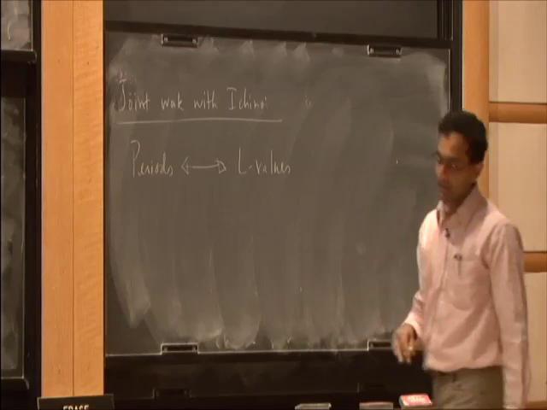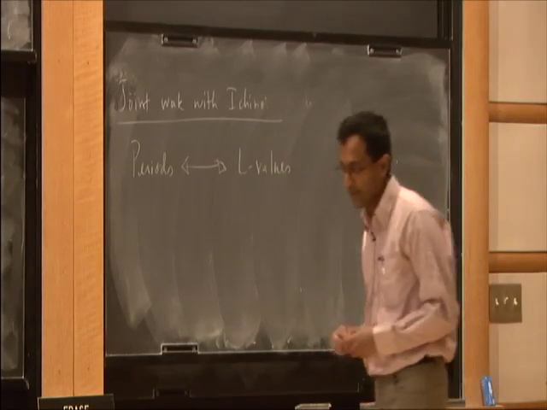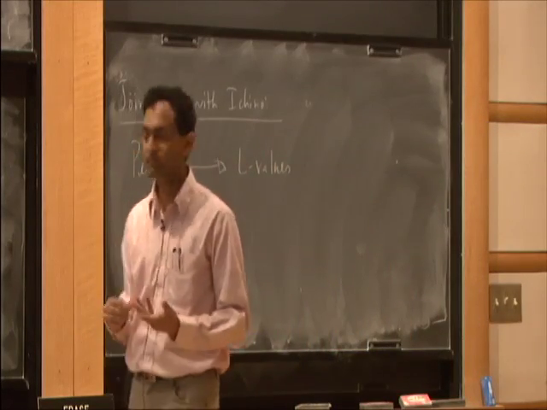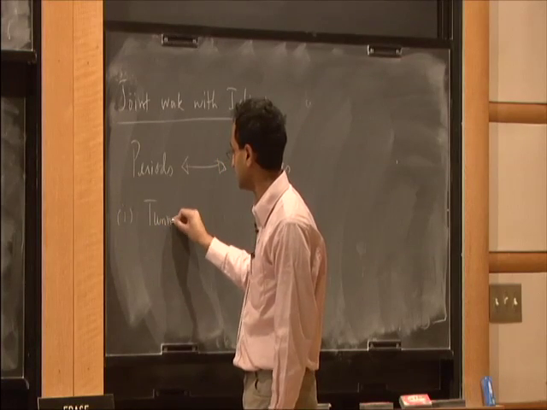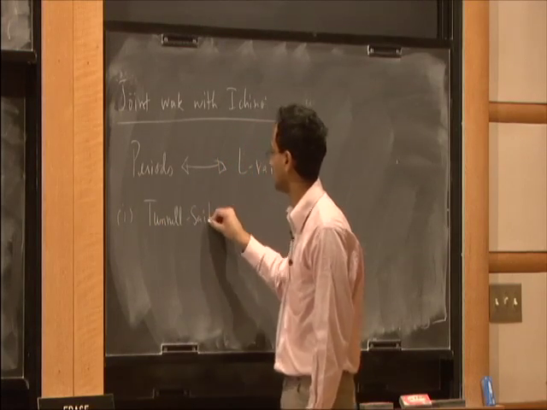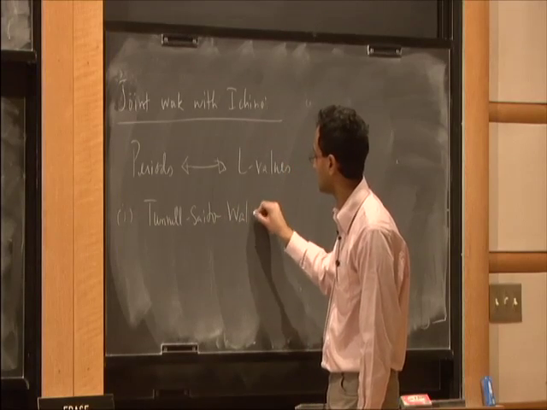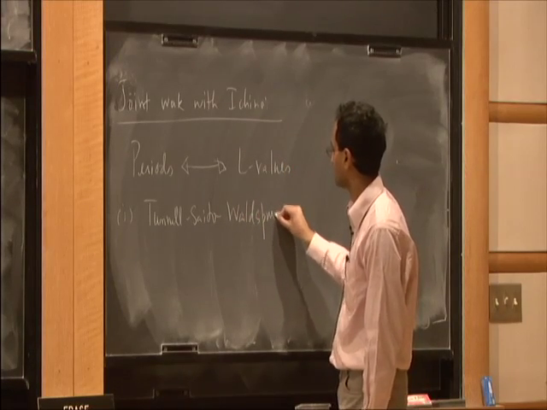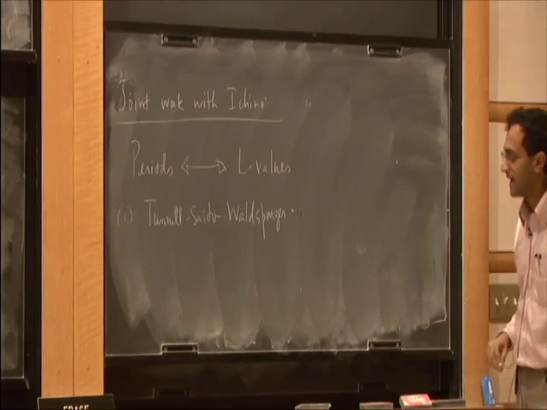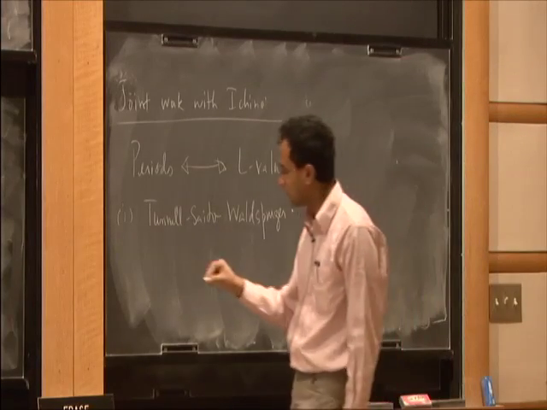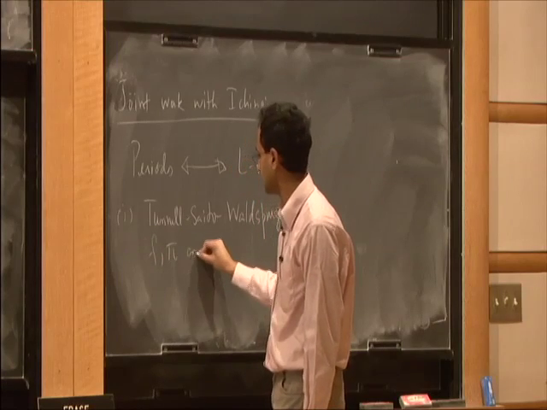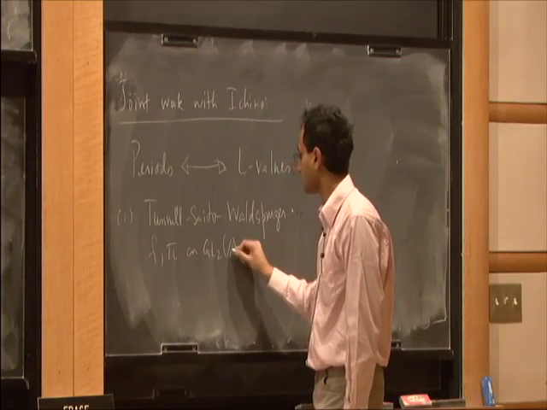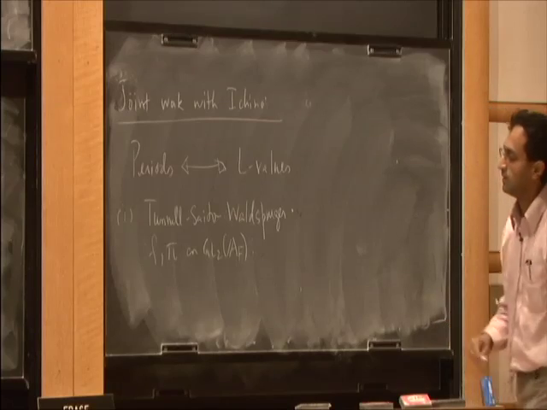Okay. So there are these famous formulae that relate period integrals to L values. And there are two famous formulae. The first is that of Tunnell-Saito and Waldspurger. And what this formula says is the following. Remember, I have this f and I have this pi on GL2 of A_F.